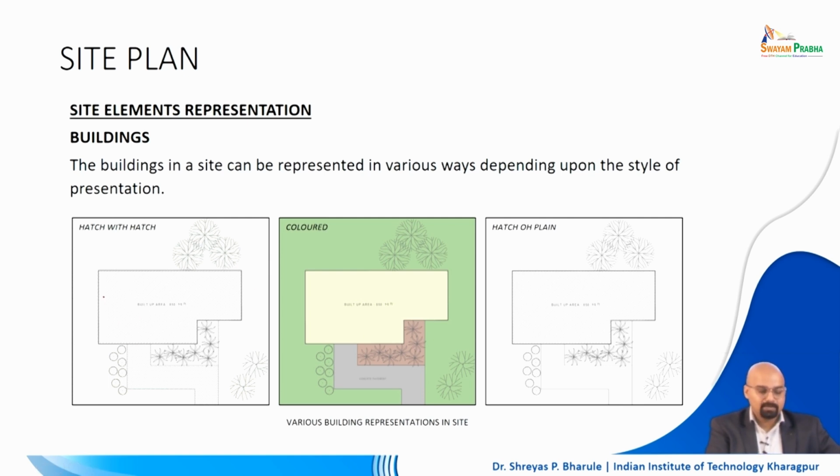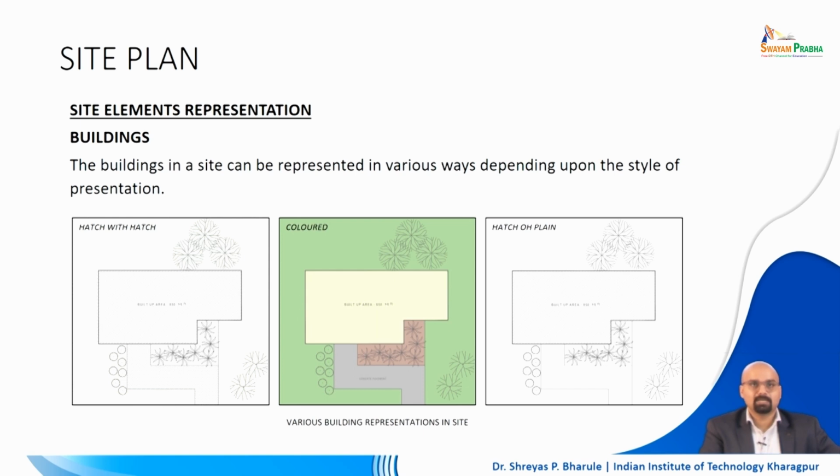You have a hatch for the building, a hatch for the pathway, a hatch for the softscape, greenscape and landscape and all other elements, and you will also put down the trees and other things. All the elements being put down are represented with hatch, so you are hatching that whole area or the whole site.